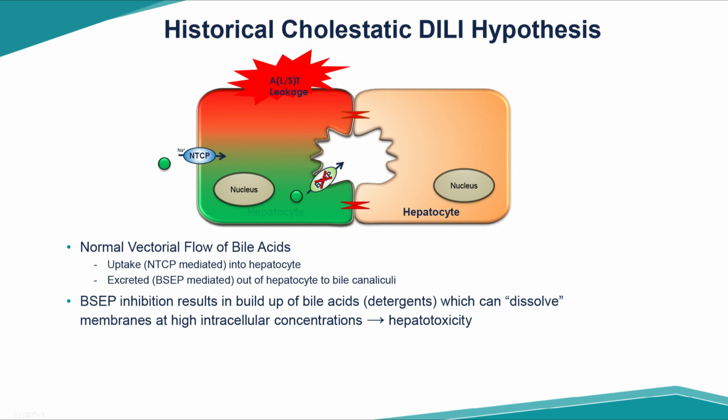And if you inhibit BSEP, you get an increase in intracellular concentrations of bile acids, leading to toxicity. That was the basis for a lot of companies starting to screen for BSEP inhibition.